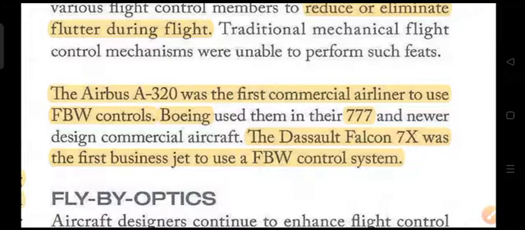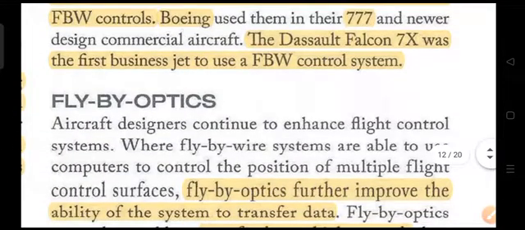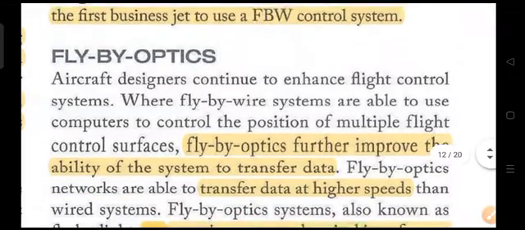The newer design commercial aircraft that are coming are also using it. The Bombardier Global versions, and the Dassault Falcon 7X was the first business jet to use fly-by-wire control systems. Any modern aircraft that you see, whether a passenger carrier or a private jet, is opting for fly-by-wire systems.